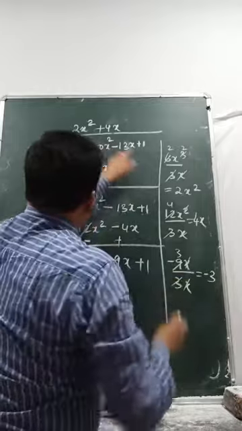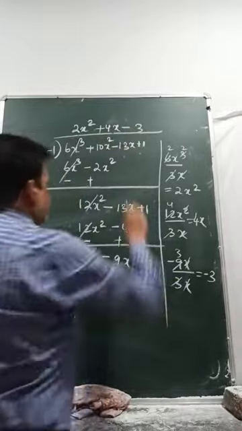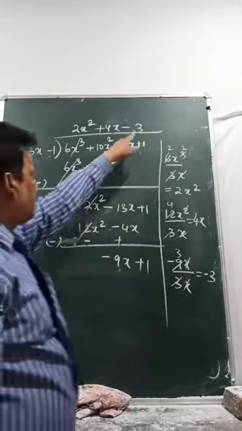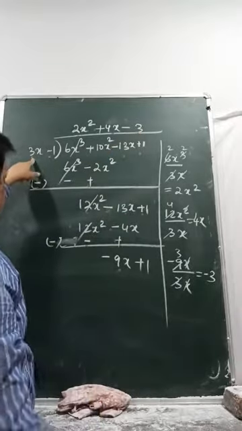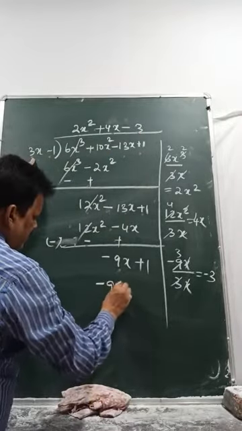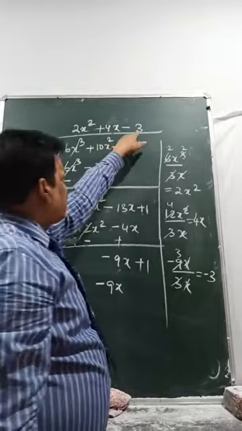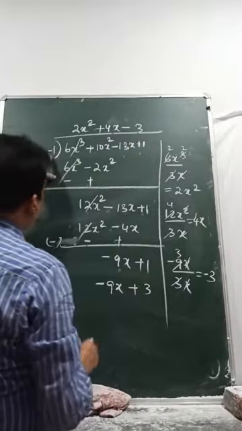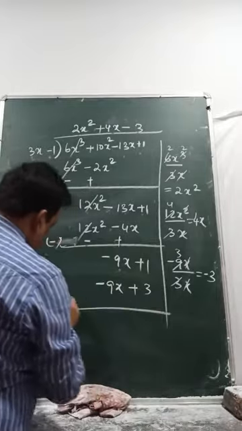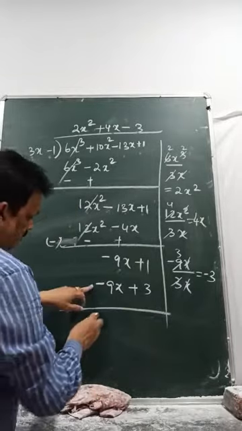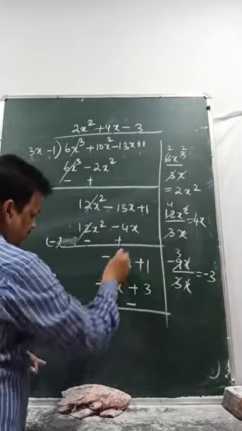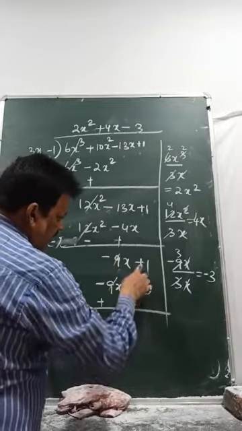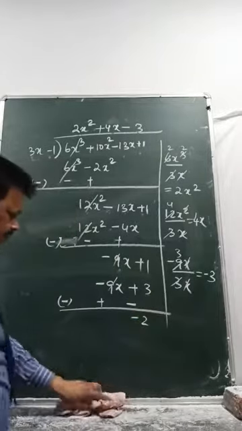I put minus 3 here. Minus 3 into 3x is minus 9x, minus 3 into minus 1 is plus 3. Now you subtract. So this will be plus, this will be minus. Minus 3 plus 1 is minus 2.